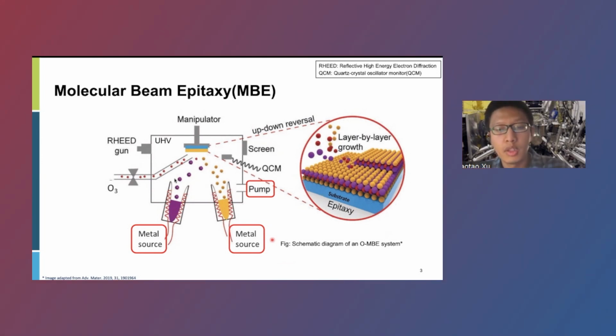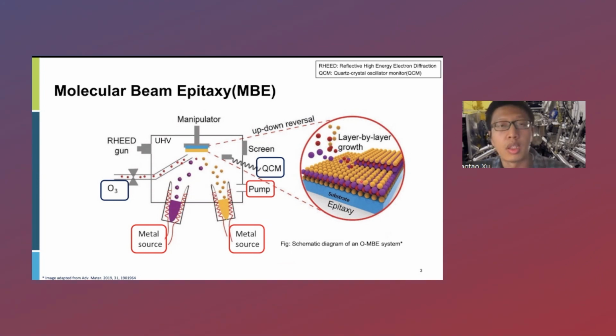For oxides, normally it is equipped with a strong oxidation source, and a QCM is normally equipped in an MBE chamber to monitor the absolute deposition rate of the beam flux.